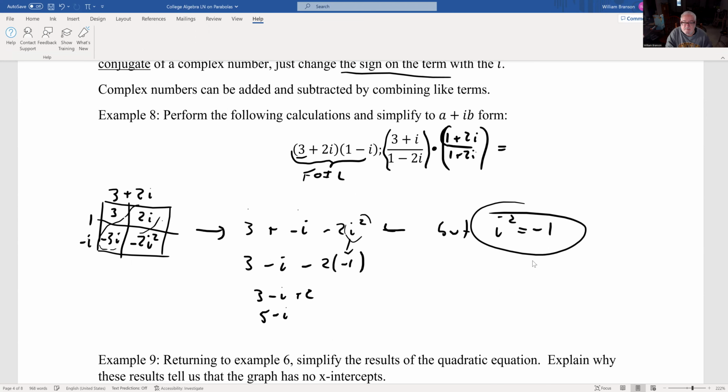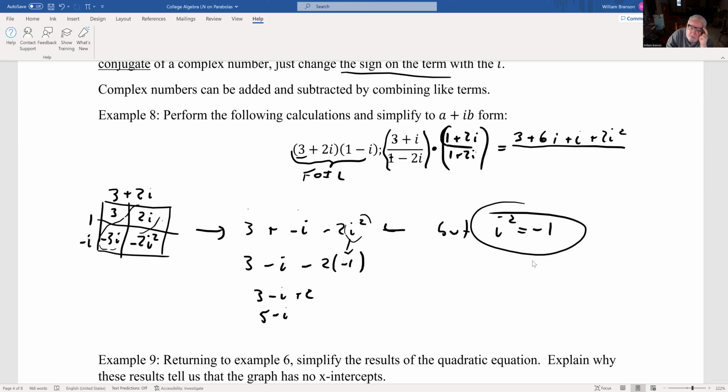You'll see why that's very useful in a second. So we get first is 1 times 3. Outer is 3 times 2i, so that's a plus 6i. Inner is i times 1, so that's a plus i. And then last is i times 2i, which is a plus 2i squared.